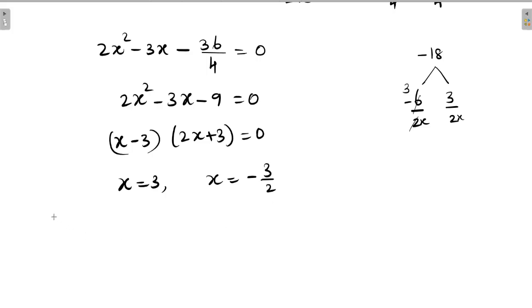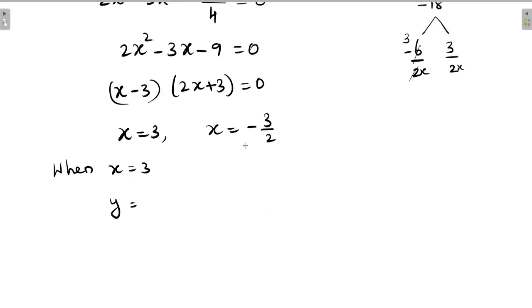When x equal to 3, what is our y value? When x equal to 3, y is 3 by 2 minus 3. So y is 3 by 2 minus 3, which is equal to minus 3 by 2. So one of the points is (3, minus 3 by 2).